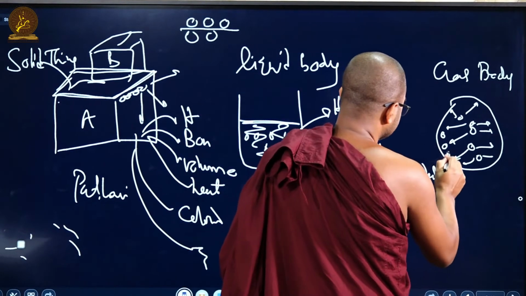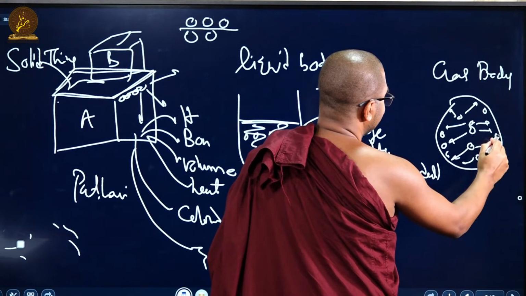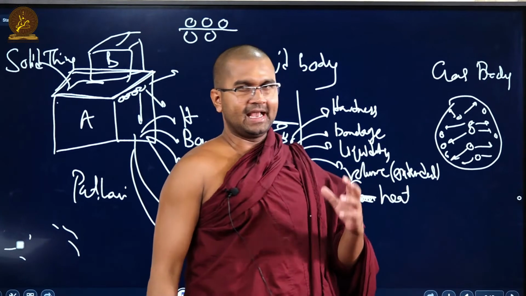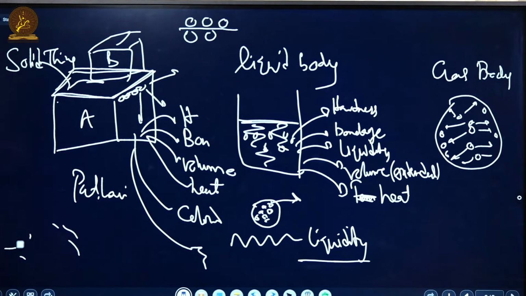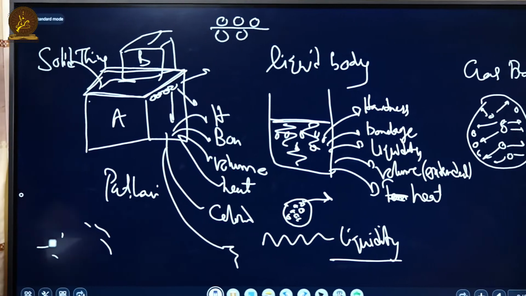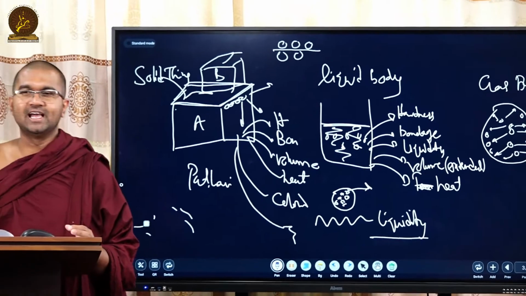They go and hit at the surfaces. Even in a gas, wind, for example, we can still feel the hardness. You go in front of a fan, the hardness can be felt. The solidity is there.